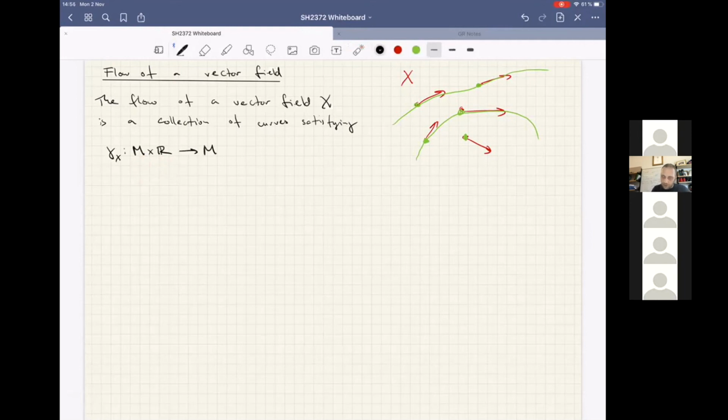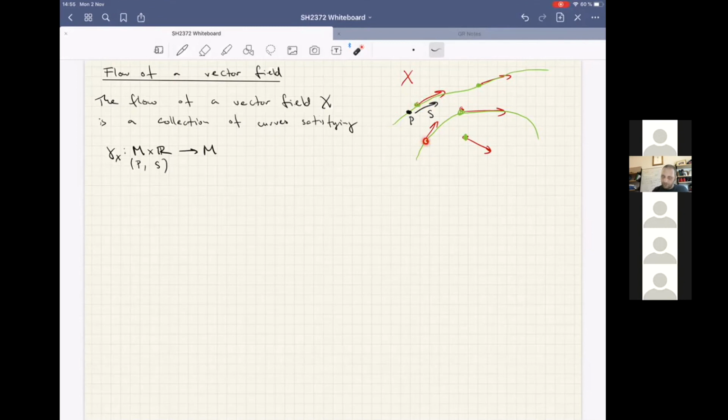So for example, I could have a p here and a curve parameter s is going to go along the curve. What I want is that when I take this p and then translate with the curve parameter s, X should be the tangent of these curves.